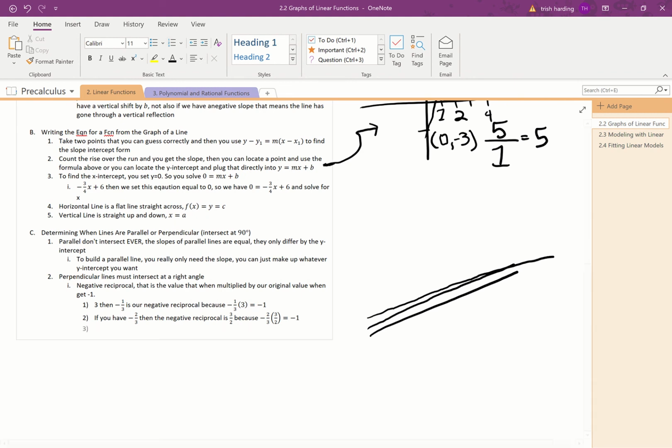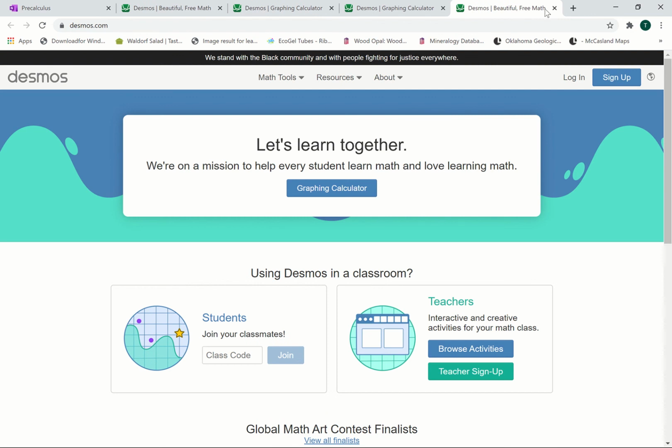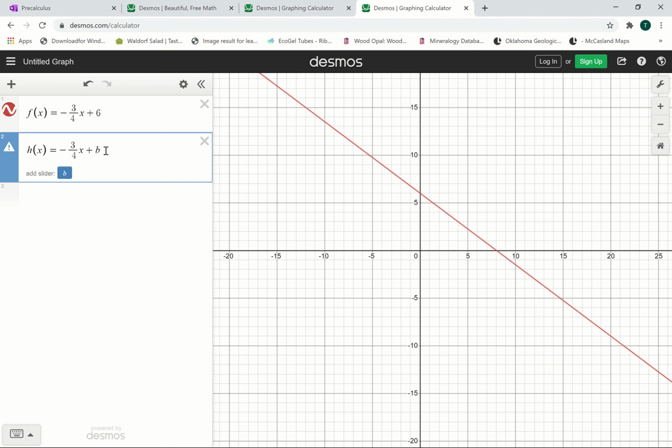So I'm going to show you guys something about perpendicular lines. Let's head back over to Desmos. If I wanted to make a perpendicular line to my line, it would have to be the negative reciprocal slope.